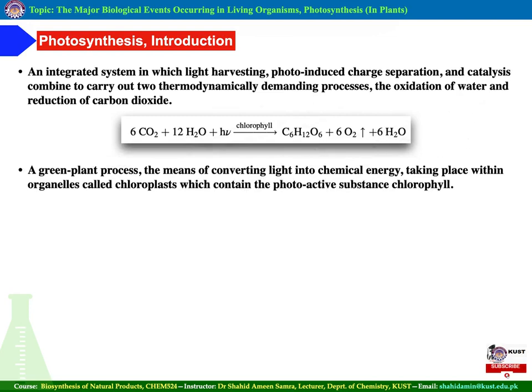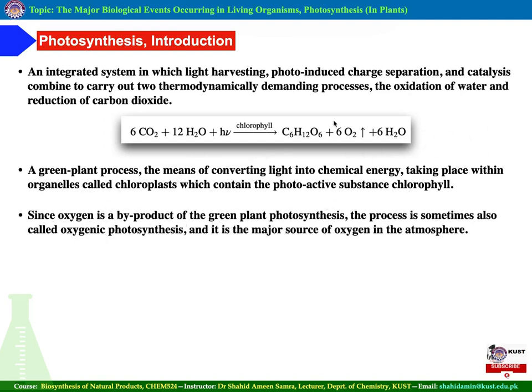Now this photosynthesis process is a green plant process, and this is the means of converting light into chemical energy taking place within the organelles in the cells of the plants, and these organelles are named chloroplasts. And these chloroplasts contain the photoactive substance that is responsible for this photosynthesis process, and this substance is known as chlorophyll.